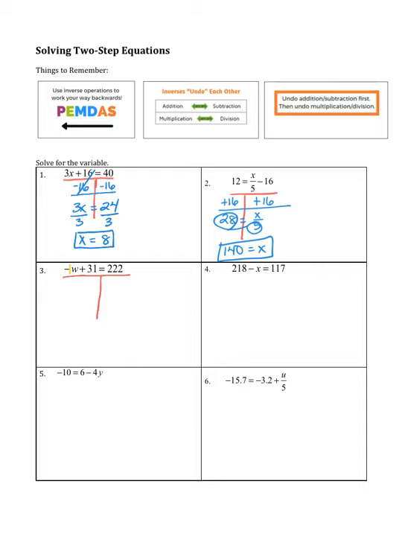All right, let's move our 31. We're going to undo the addition by subtracting. Whoops, I almost wrote 32. You guys have no idea how I've been struggling over this one today. So I still have negative w, because that's a 0, equals 191.